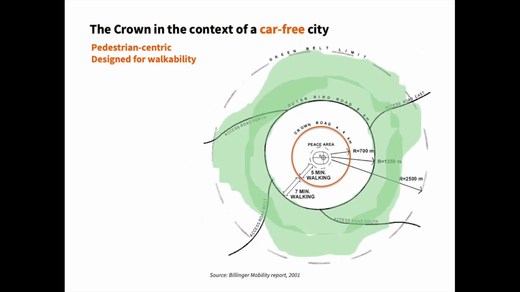Also, it's important to understand the role of the crown in the context of a car-free city. A pedestrian city is designed pedestrian-centric, and it's designed for walkability, first and foremost. Helmut had sought his consultancy, and he had then given us a report which explained how many minutes it takes from the crown: 5 minutes to the center, 7 minutes to the outer ring road.